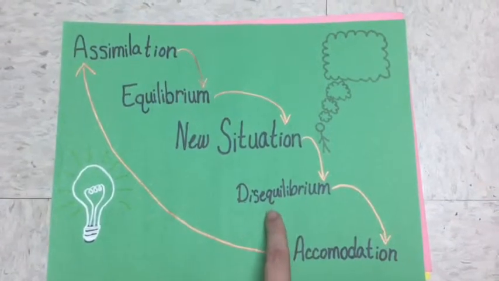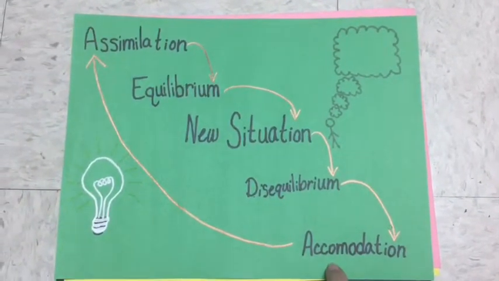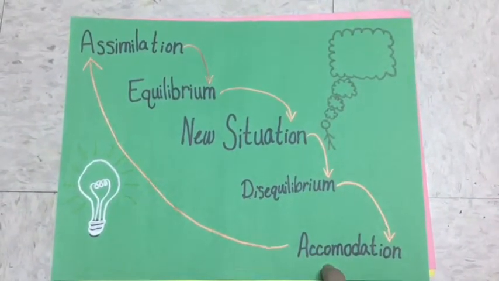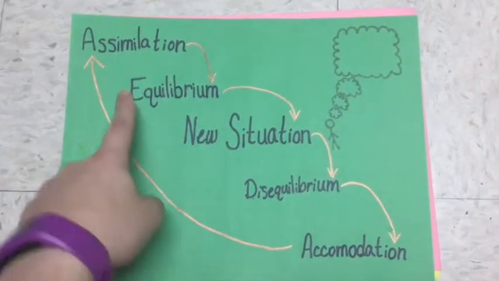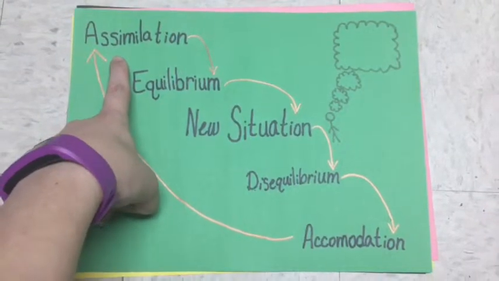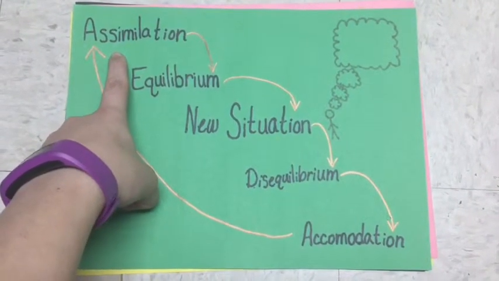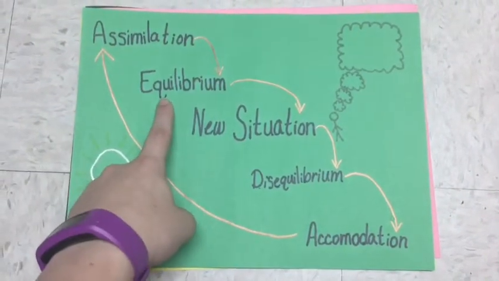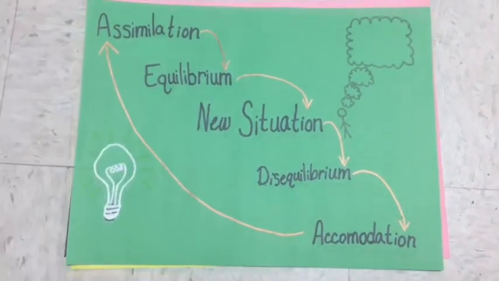After you have experienced disequilibrium, you will then accommodate for the disequilibrium, and then you will go into assimilation, and that will then be put into your knowledge bank, and then you will experience equilibrium again.